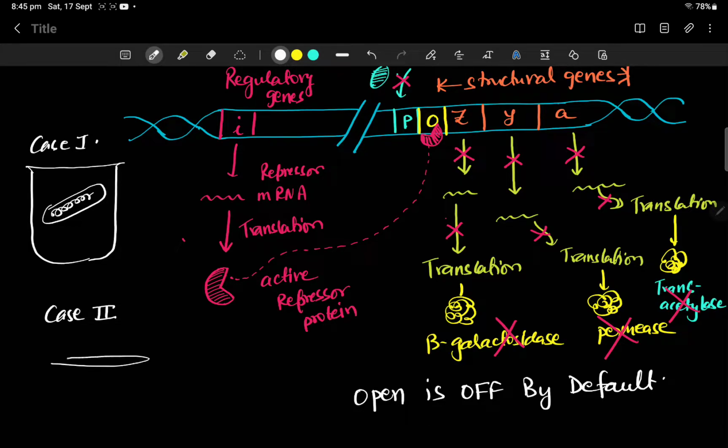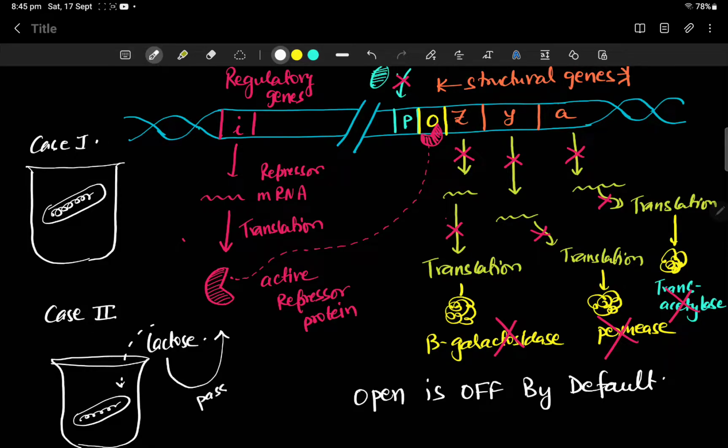what happens is lactose is added onto the medium. So the bacteria is present here and somebody is adding lactose. Then what happens? Some of the molecules of lactose will go in by passive diffusion, and they will bind with the active repressor.